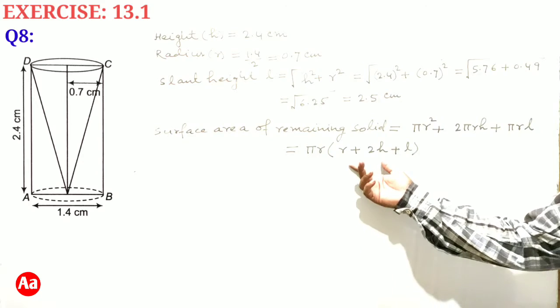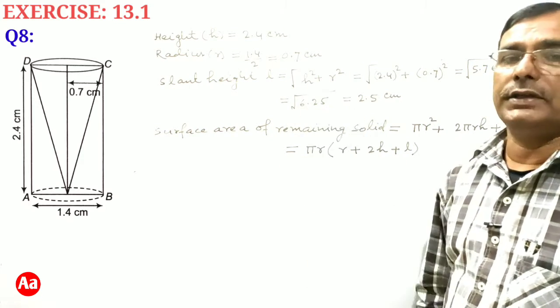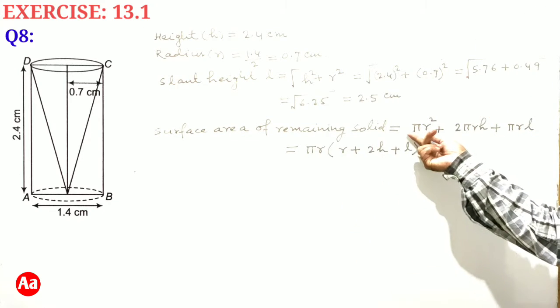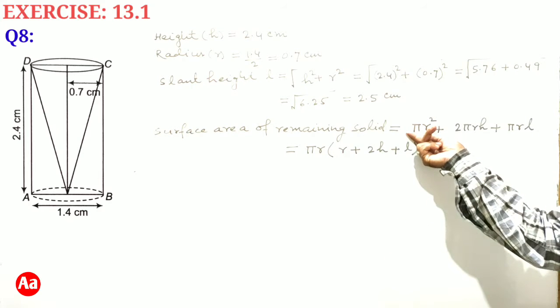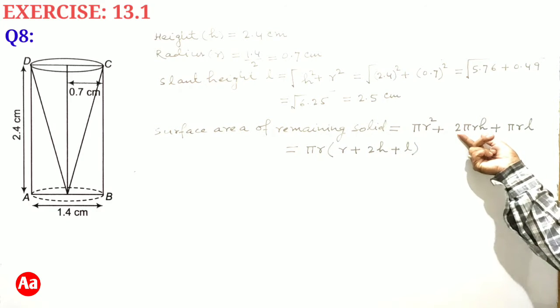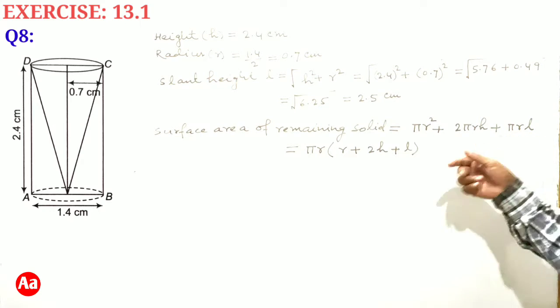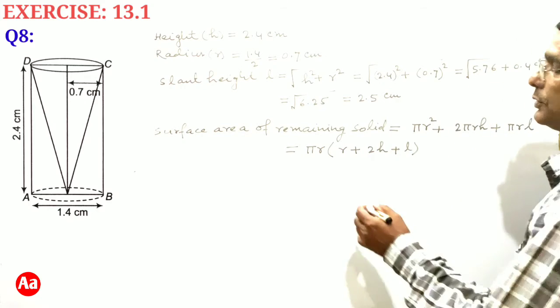This is the formula for calculating the surface area of the remaining solid, in which pi r square is the surface area of one circular end of the solid cylinder, 2 pi r h is the curved surface area of the solid cylinder, and pi r l is the curved surface area of the conical cavity that has been hollowed out.